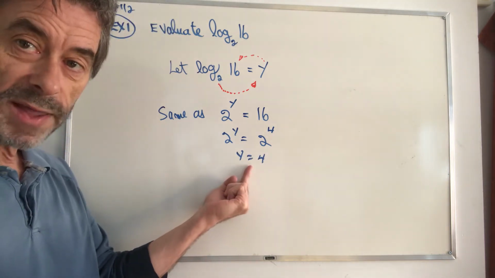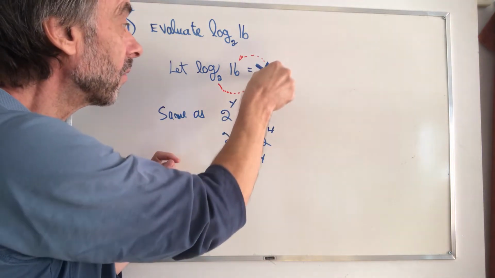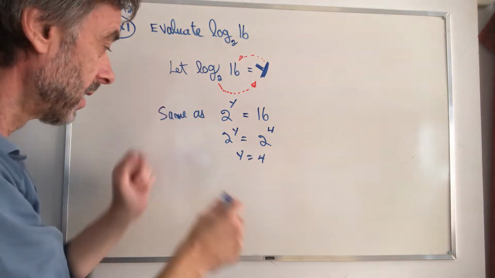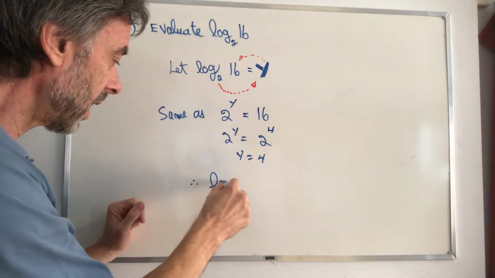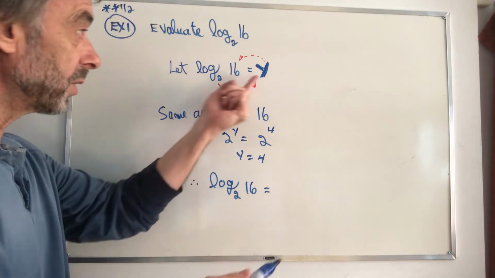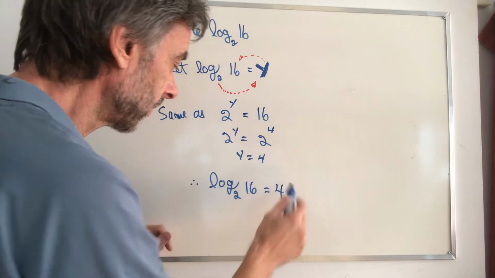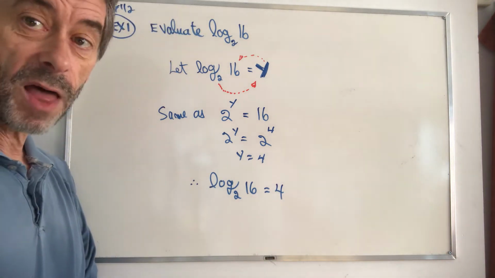So it seems like y equals 4, but y was precisely what we called this log. So log base 2 of 16, which we put equal to y. We have now identified the y. Y is 4. And you've identified a log.